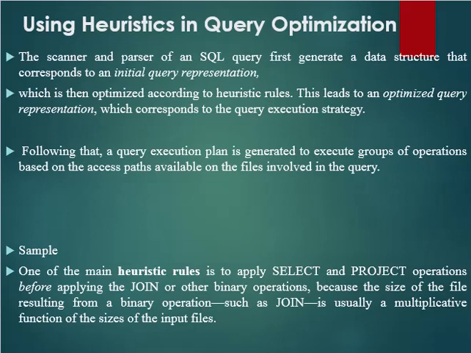There may be some tree with which you can get a more efficient query execution procedure. These are rules that we found from experience, and one of the main heuristic rules is to apply select and project operations before applying the join operation.